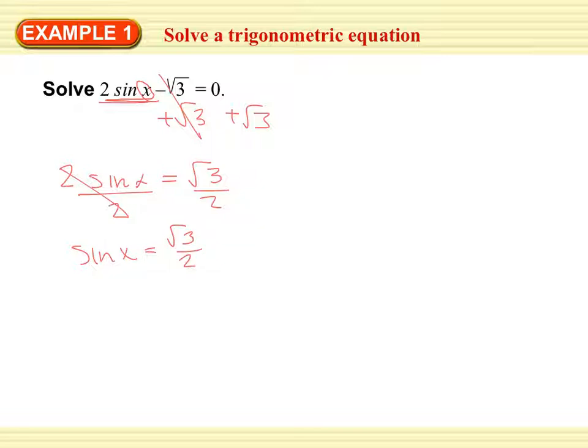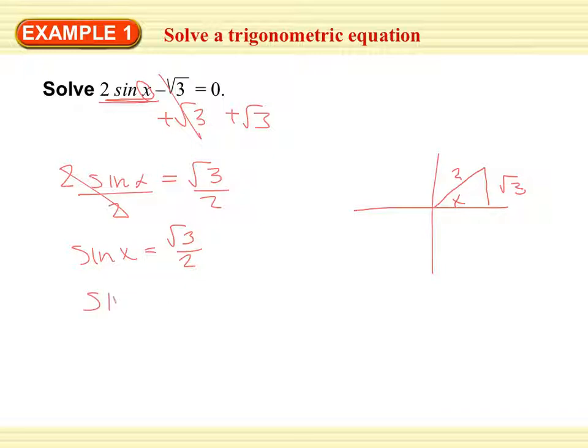So one solution of sine x equals square root of 3 over 2 in the unit circle, there's my angle. I've got sine is opposite over hypotenuse. So what angle gives me that?